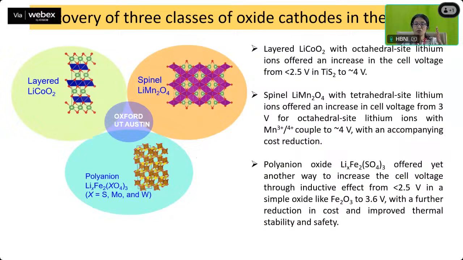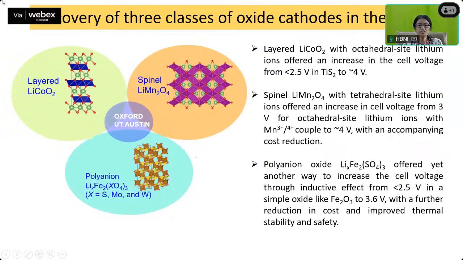When it was started, the reversible movement of lithium ions from the cathode to the anode was first shown in titanium sulfide, but the voltage was only 2.5 volts. Whereas when you moved up to lithium cobalt oxide, when you changed from sulfide to oxide, the potential increased to around 4 volts.